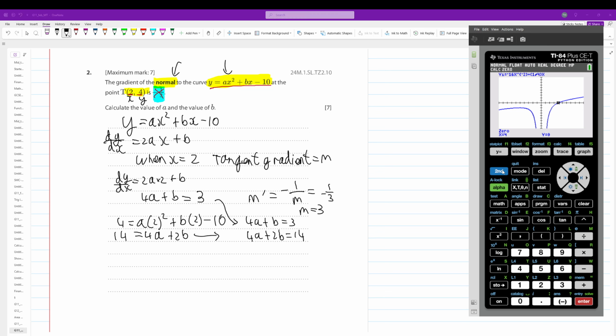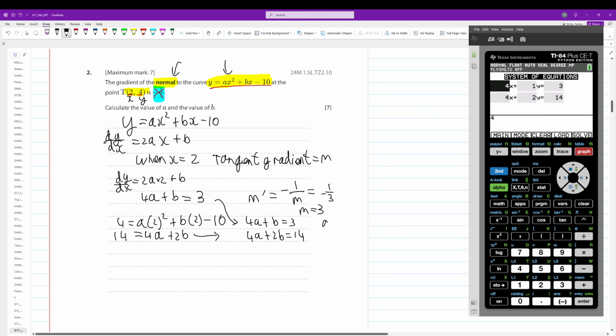Now, I'm going to use my calculator to solve this, because I think it's good for you to learn to use your calculator. I'm going to press apps, polynomial solver, simultaneous equations, and I'm going to type in 4.